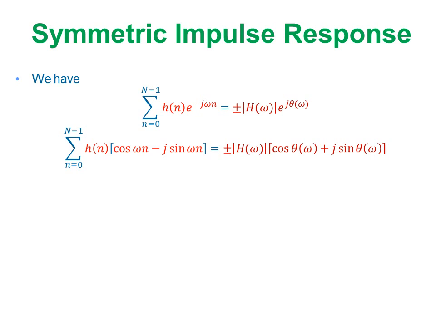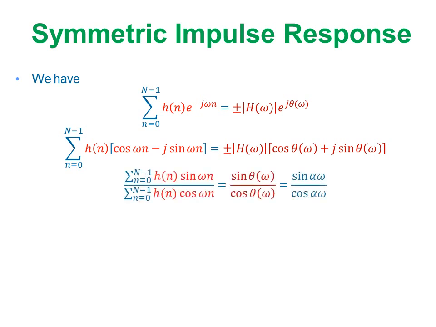So here we can take the real component and imaginary component separately from each side, and we can take their ratio, that is summation over the range from 0 to N minus 1 h of n sin of omega n, that is the imaginary component, divided by summation n from 0 to capital N minus 1 h of n cos of omega n. So this is the left hand side, and that is equal to sin of theta omega upon cos of theta omega on the right hand side.